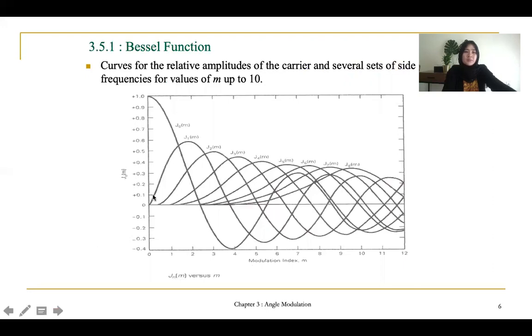Okay, so for example, this is M equals 1. This is the modulation index, and this is the sideband. So if M equals 1, you just draw the line here.